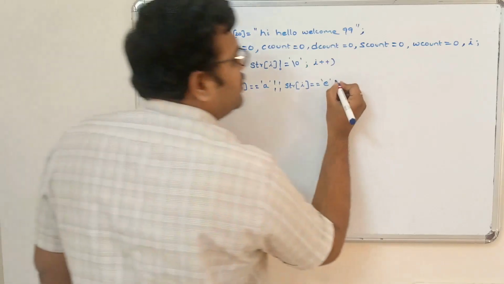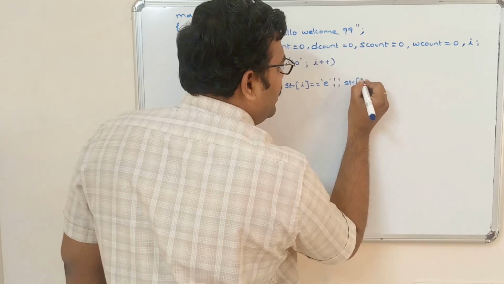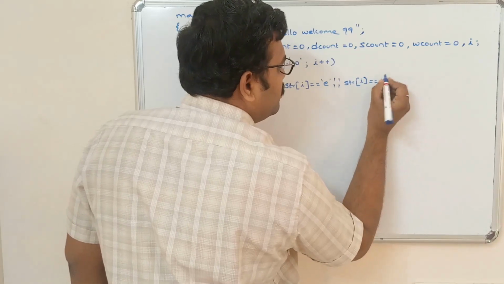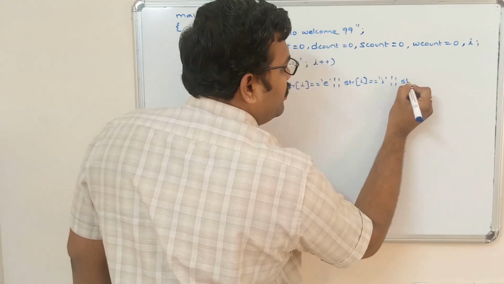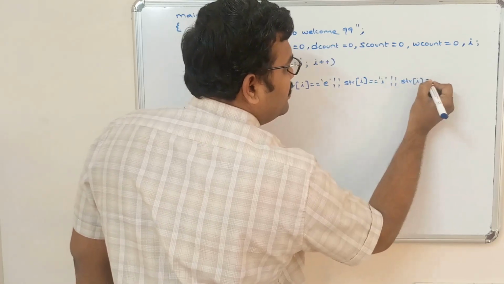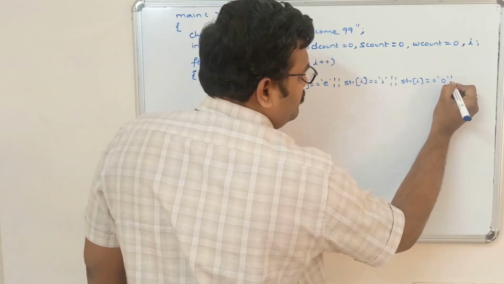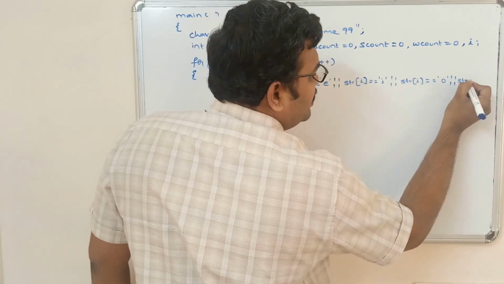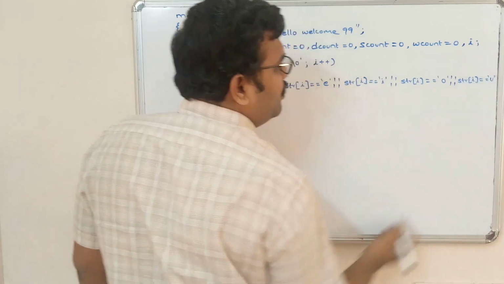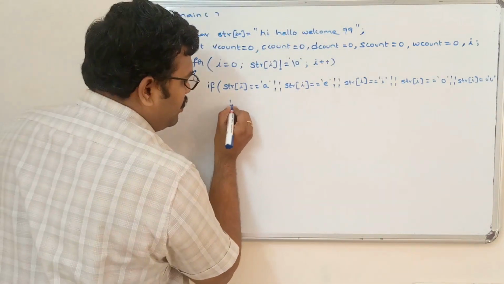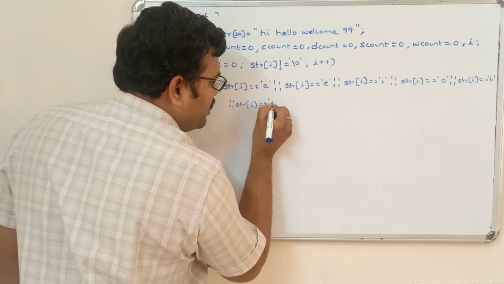We have to write all the vowels here: or str of i is equal to 'i', or str of i is equal to 'o', or str of i is equal to 'u', or str of i is equal to capital 'A'.